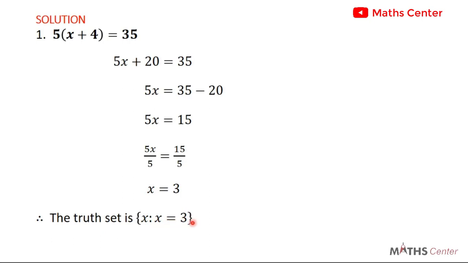So this is the truth set. You see, we learn from sets that the members of a set are written in a curly bracket. So you write the curly bracket, then you say that the variable, which is x, is such that x, which is the variable again, is equal to 3. So this is the truth set of the equation that we have here.